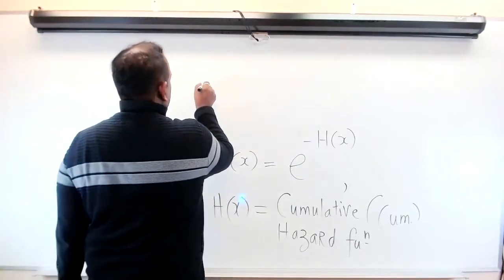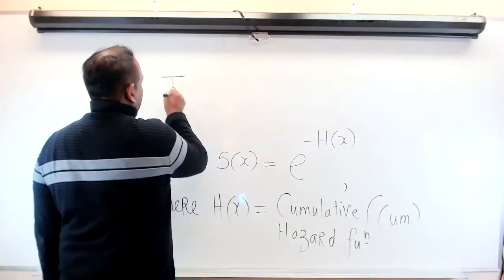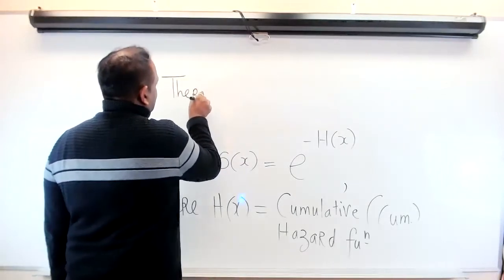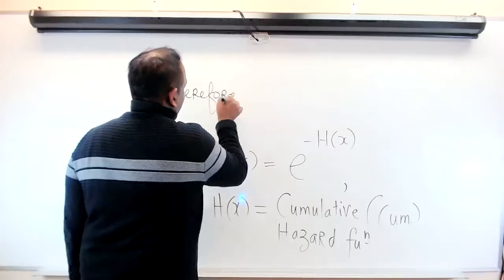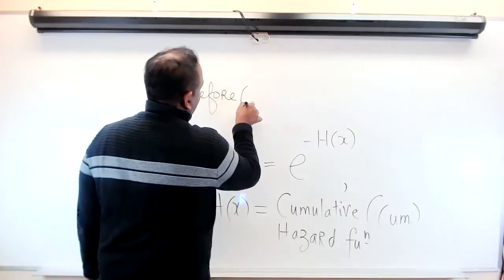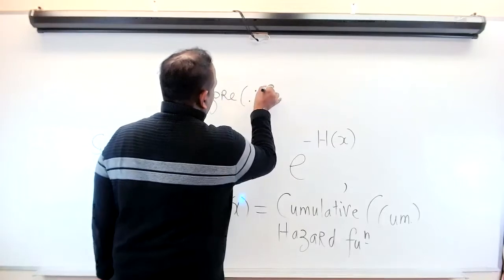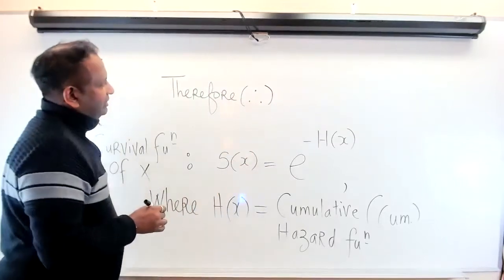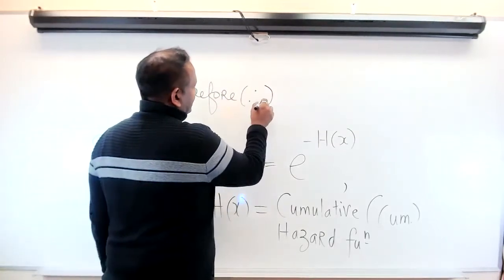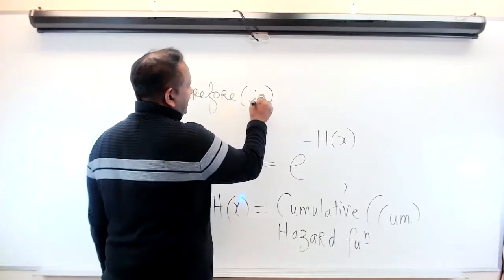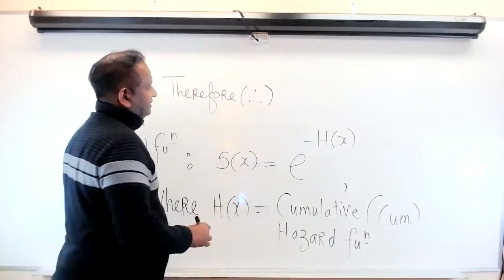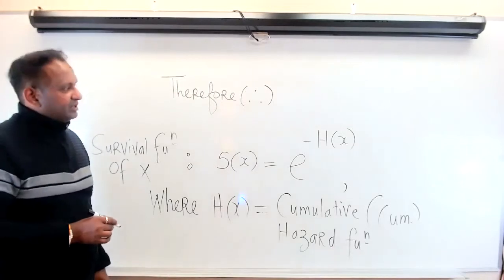Therefore, this is the symbol for therefore, three dots at the vertices of an equilateral triangle. That's a mathematical notation.